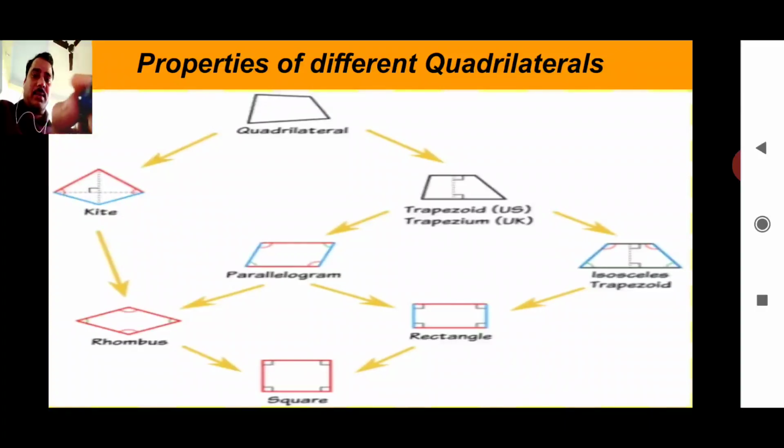These are called adjacent sides. What are adjacent sides? We already discussed in the previous class. So in a kite you can say that adjacent sides are equal.